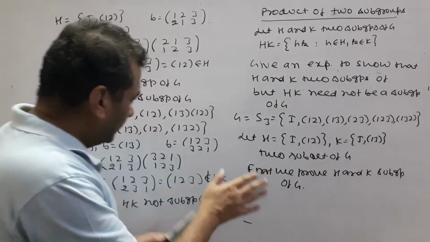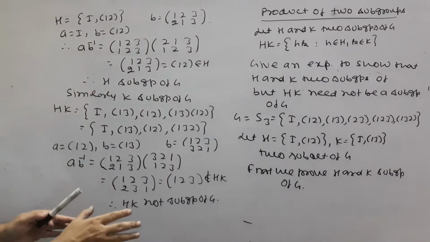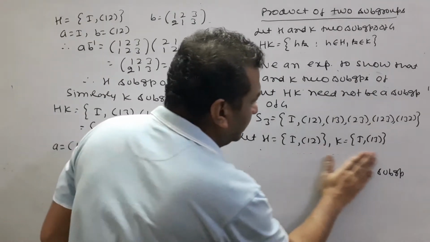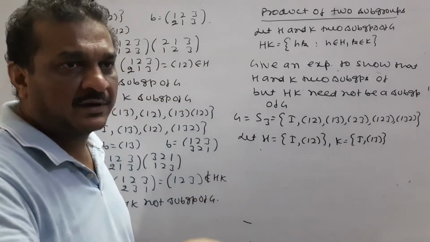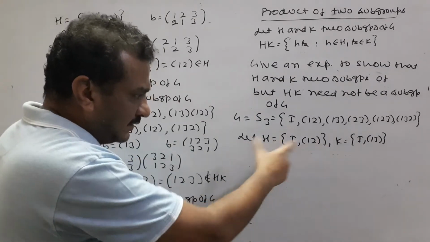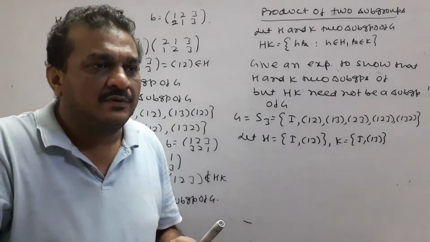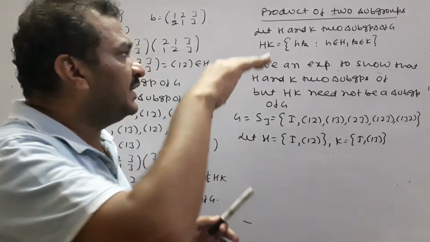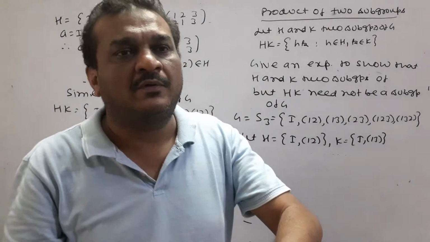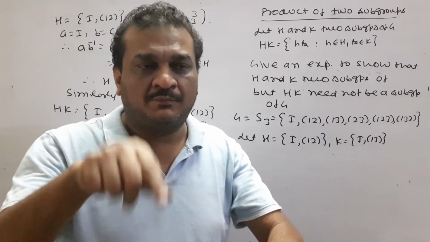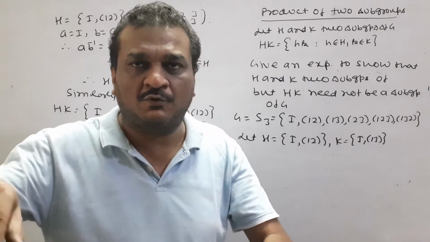Okay, one method, beta. Second, I am showing that HK is not a subgroup. Could HK be a subgroup of G?